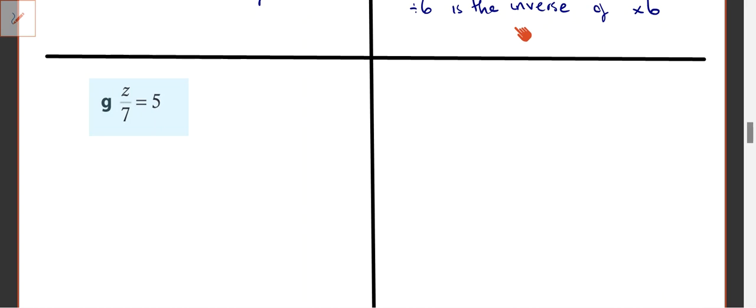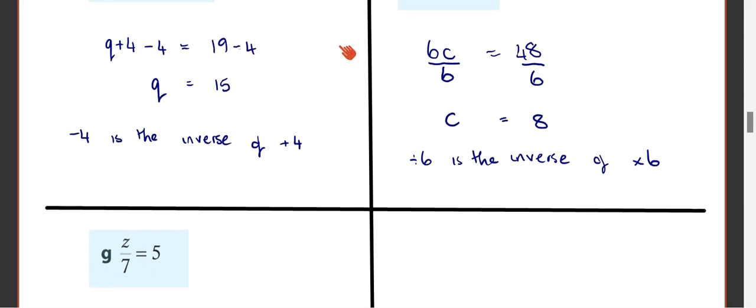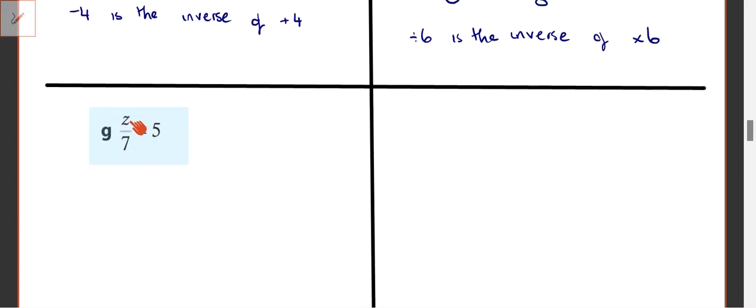What about this one? Right, this one then. This is z gets divided by 7 and equals 5. So we've got z divided by 7 equals 5.